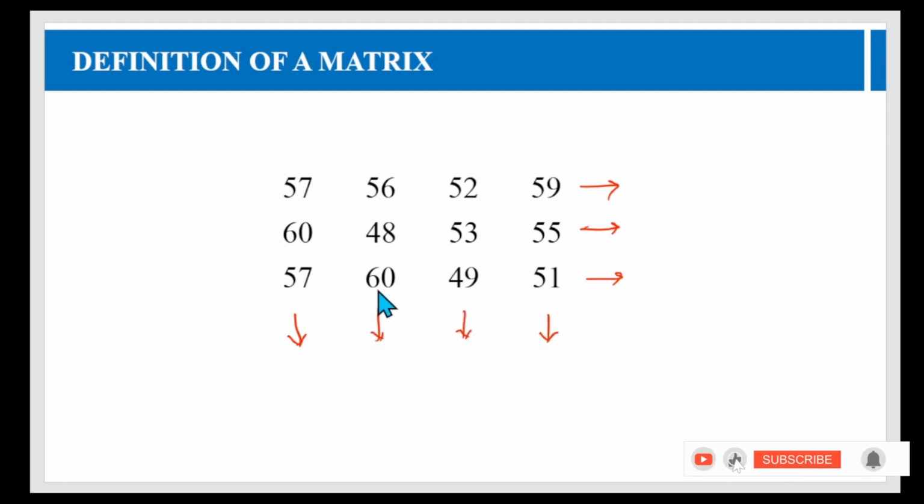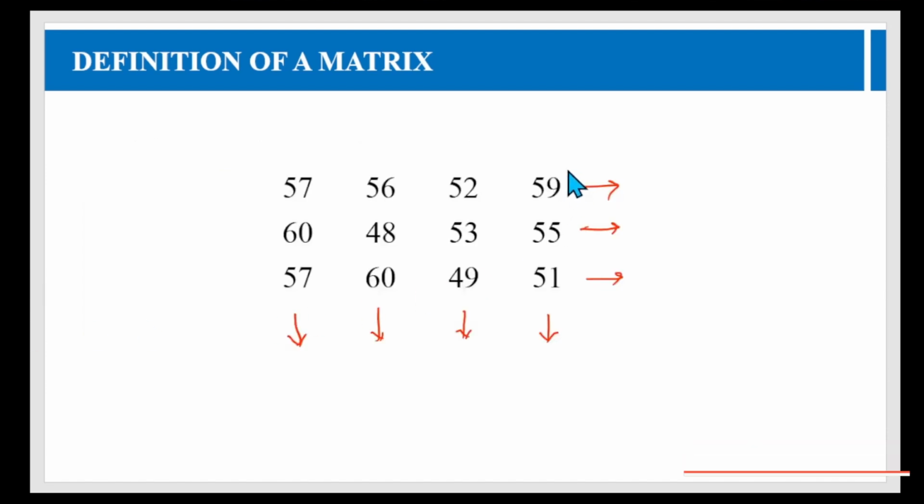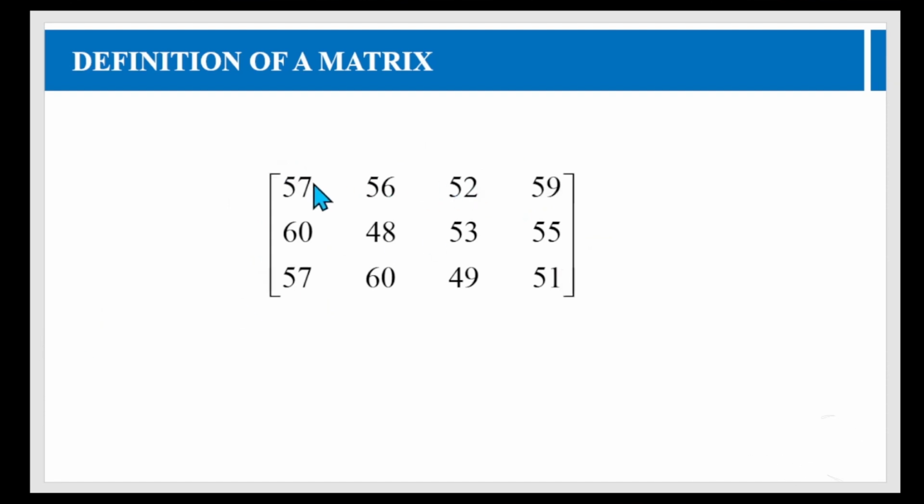You can watch the same table shortly written in horizontal and vertical arrangement. If this arrangement is enclosed in brackets, this arrangement is called a matrix.